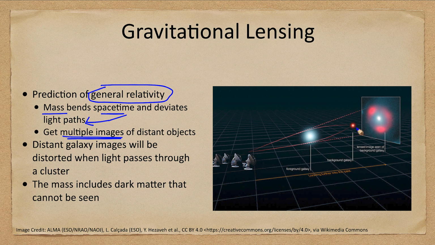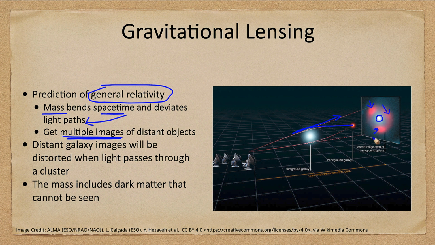So as light passes by from a distant galaxy here, the light gets curved and bent so that it looks like it's coming from a different position. And what we will see is, even though this galaxy is directly behind, we see the foreground galaxy here, but we may get multiple images of the background galaxy as well.